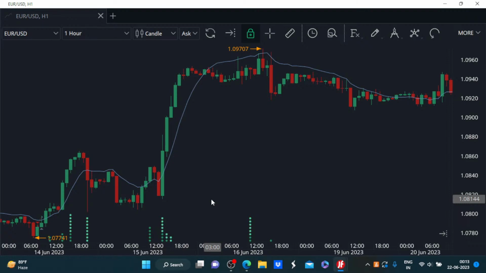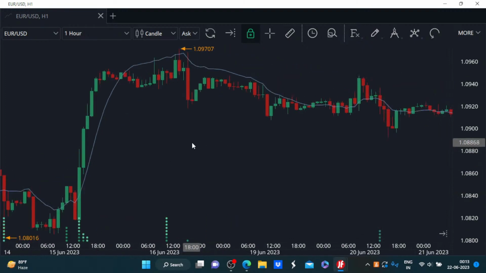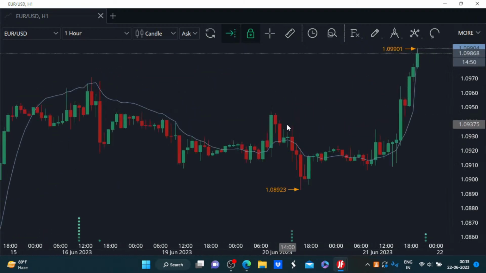So I would suggest that you use some additional mechanisms like price action or an additional filtering indicator to take advantage of this indicator. And if we then rely on this indicator, it will help us in optimizing the trading opportunities.